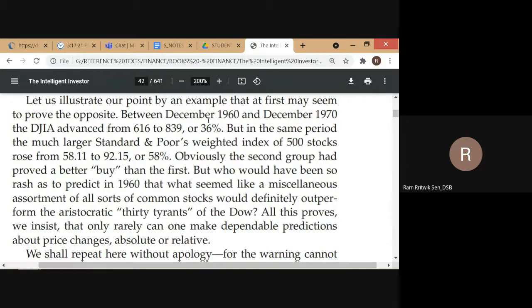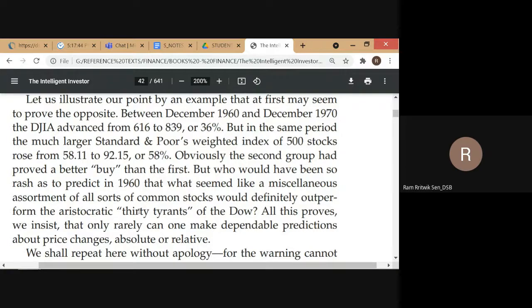So what he's saying is that there are different types of returns, and there's no real reason to choose between one type of index or the other. Here you had a period in which the Dow went up by 36%, but the S&P 500 went up by 58%. But what he's saying is that you could not have predicted this ahead of time.